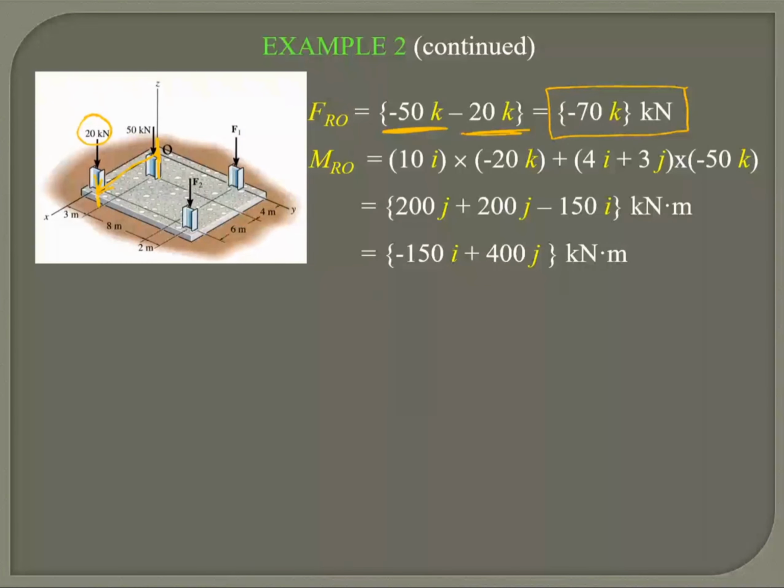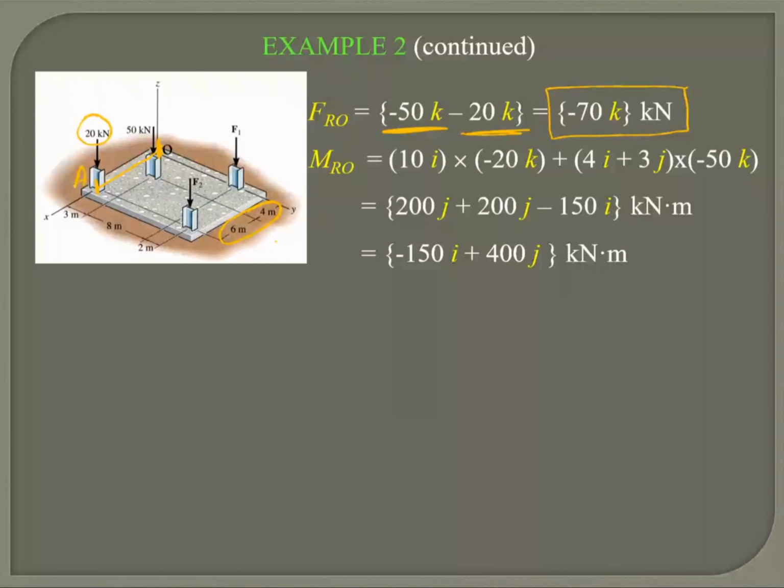The distance given is, sorry, it's not 6, it's 10, because it is from this O point to this point here. So I'm moving from O to, let me call this A, OA.